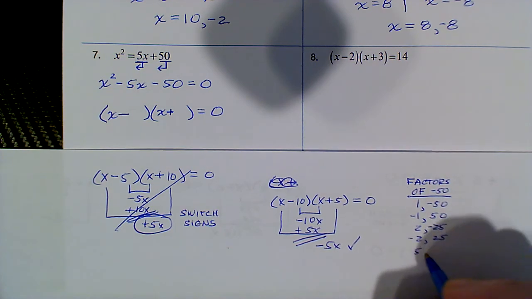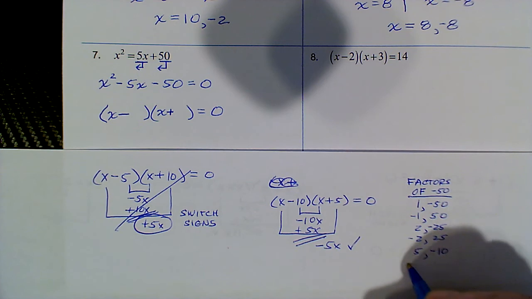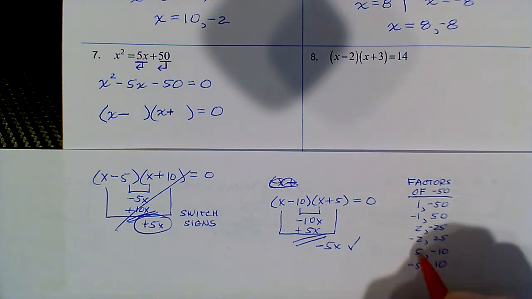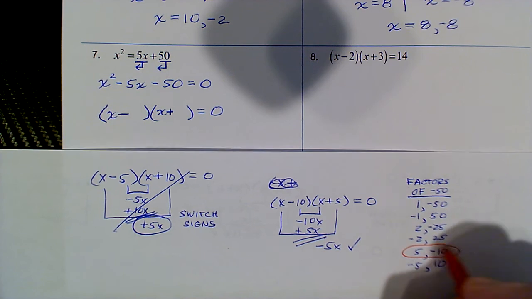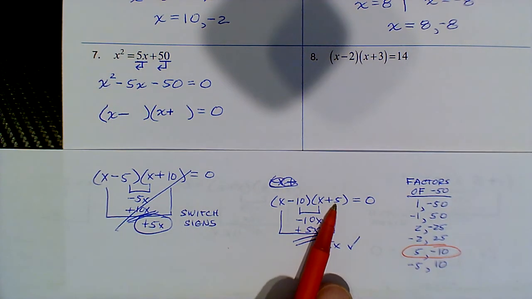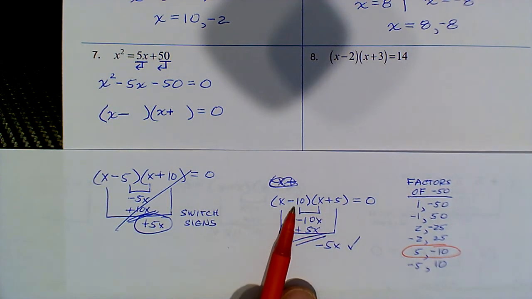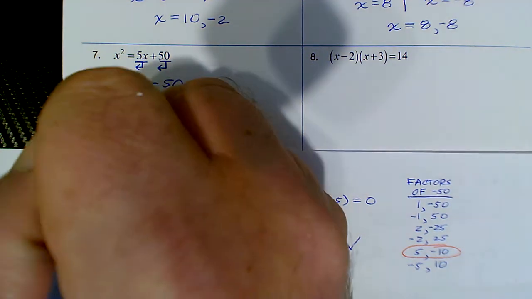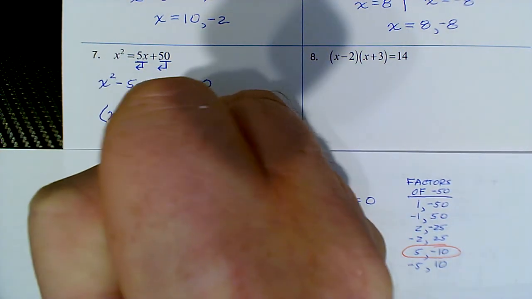I guess the next ones are 5 and negative 10, or negative 5 and 10, and that's pretty much it. So then we could see that the pair that combines to give us a negative 5 is the positive 5 and the negative 10, as we successfully had determined using the trial and error method. So x minus 10, x plus 5.